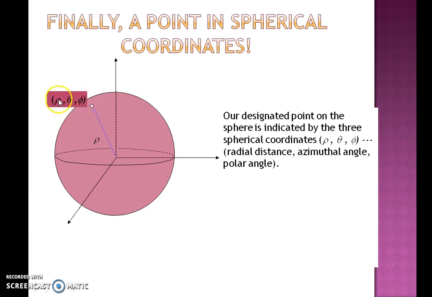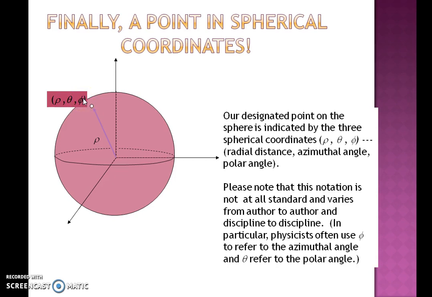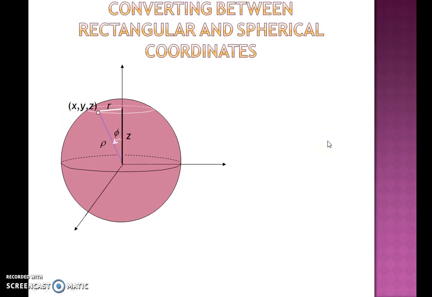That means they are the radial distance, the azimuth angle and the polar angle. This notation is not at all standard and varies from author to author. As I already told you, rho can be represented by r, the radius.